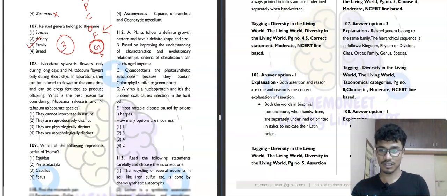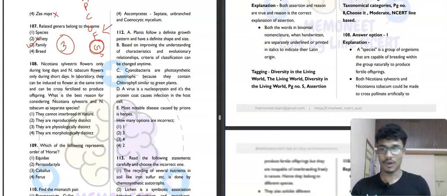Moving to the next question, question number 108. It is saying Nicotiana sylvestris flowers only during long days and N. tabacum flowers only during short days. Okay, very good. In the laboratory, they can be induced to flower at the same time and can be cross-fertilized to produce offspring. What is the best reason for considering Nicotiana sylvestris and Nicotiana tabacum as separate species?